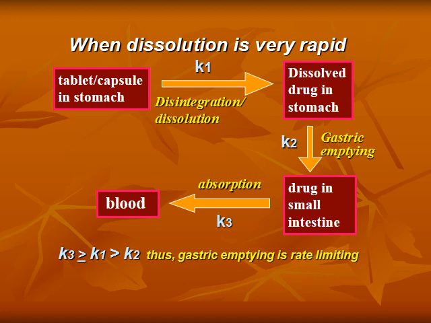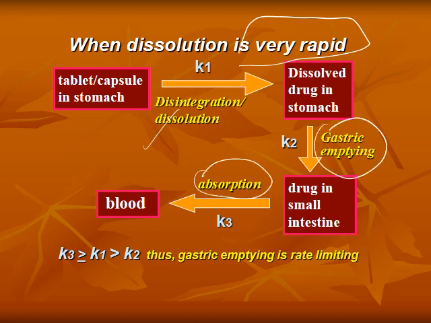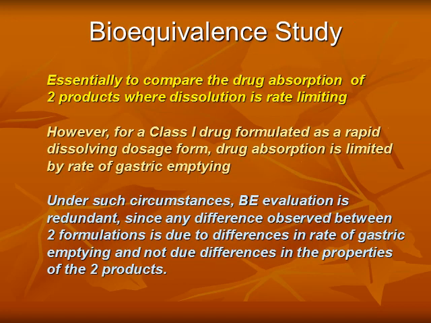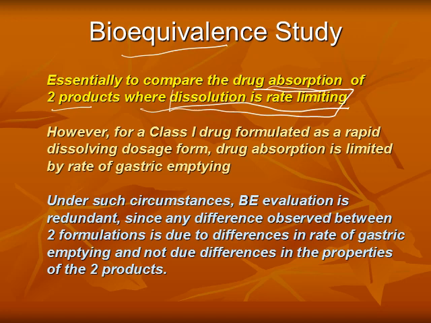When dissolution is very rapid, the absorption is mainly influenced by gastric emptying. So essentially, bioequivalence is to compare drug absorption of two products where dissolution is the rate limiting step.